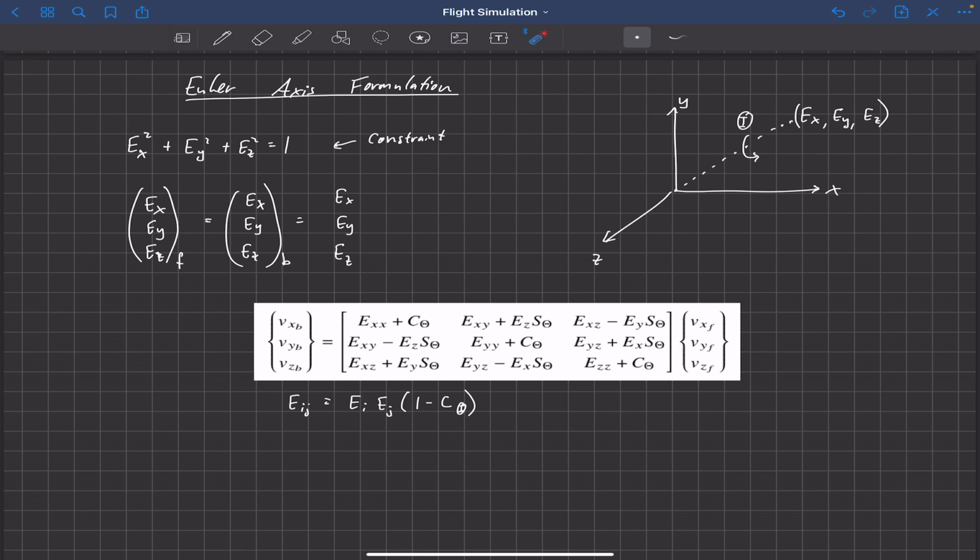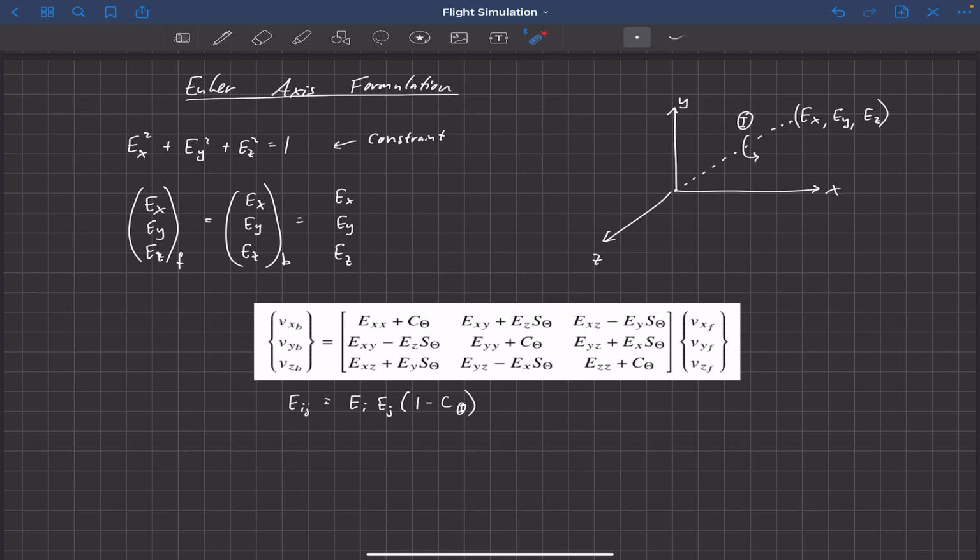So now the inverse, if of course this goes from the Earth fixed coordinate system to the body fixed coordinate system, well, the inverse of this transformation we can get by using just the transpose of this matrix here. So we could go from the body fixed to the Earth fixed by multiplying the body fixed by the transpose of this equation.